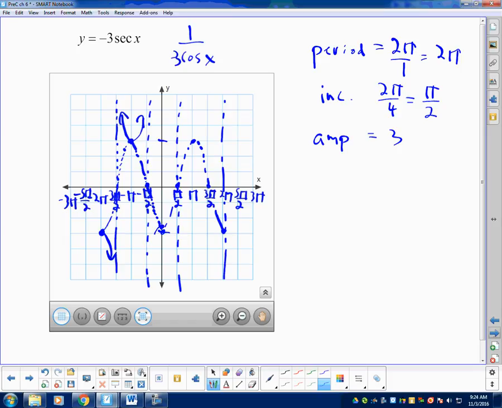And there's one cycle. And this other half here, there's another cycle. So there's 2 cycles of the secant. So those are the other 4 graphs.